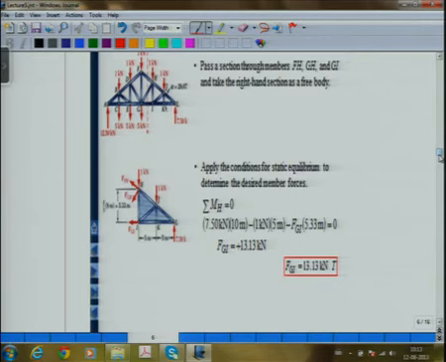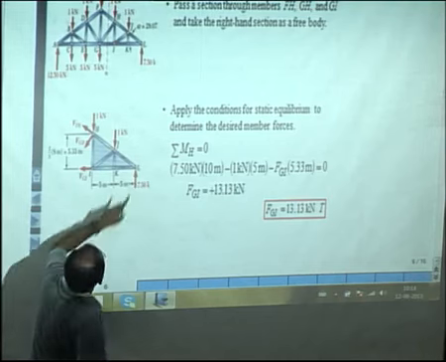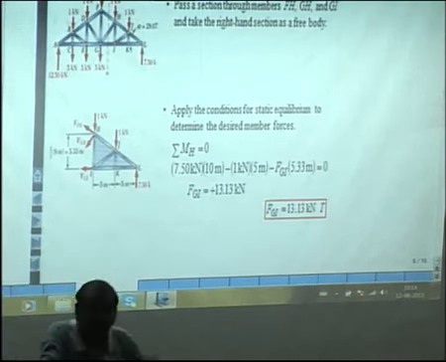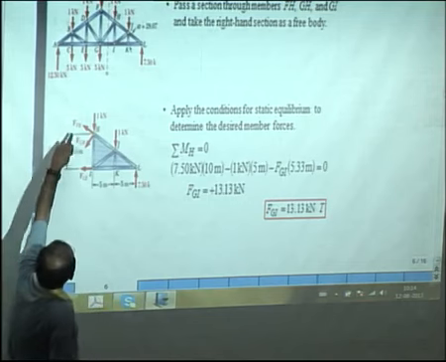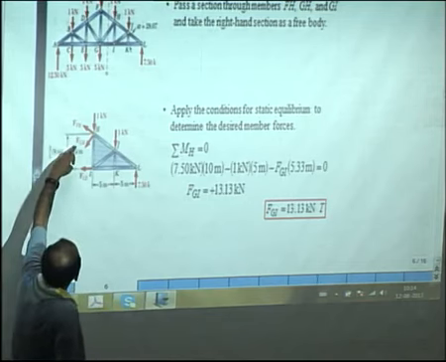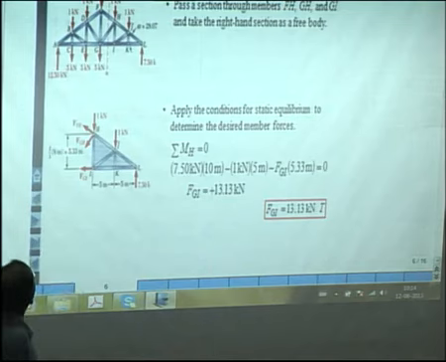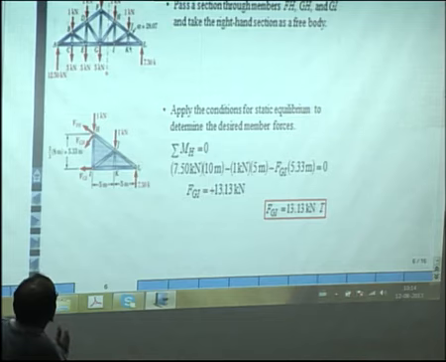I had drawn it somewhere in the middle, he has drawn the free body diagram just at the pin H. So because the pin H is included in the free body diagram, just to the right, a 1 kilonewton force at the top, this is an external force, and this 7.5 kilonewton force, they will come in as external forces. Okay, and then we have the force in FH, the force in GH and the force in GI.